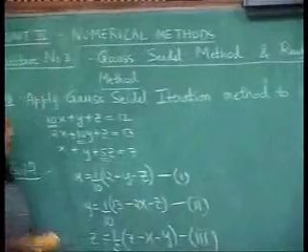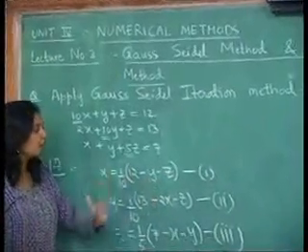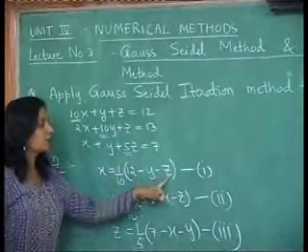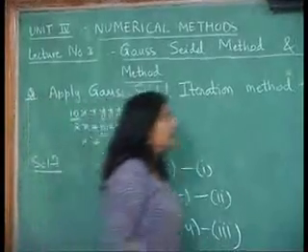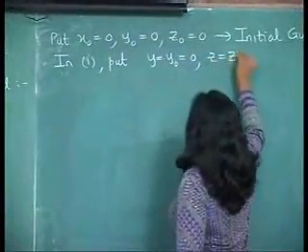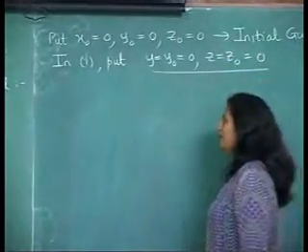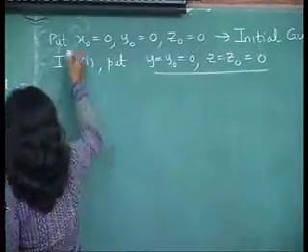They are y and z. So we have to put the latest available values of y and z. The latest available values of y and z are y0 and z0. So put y equal to y0, z equal to z0 in equation 1. This is just iteration 1.